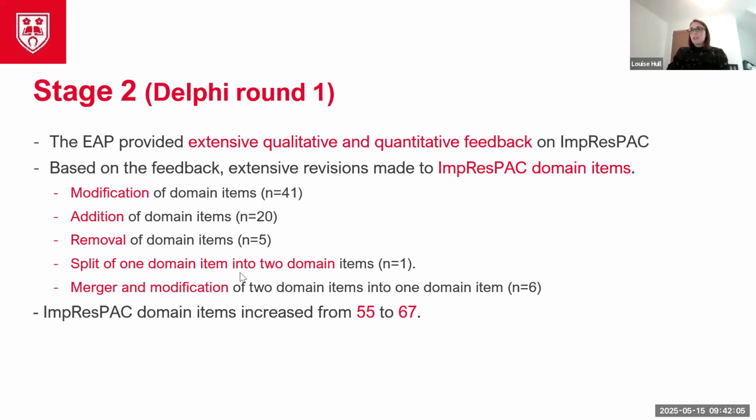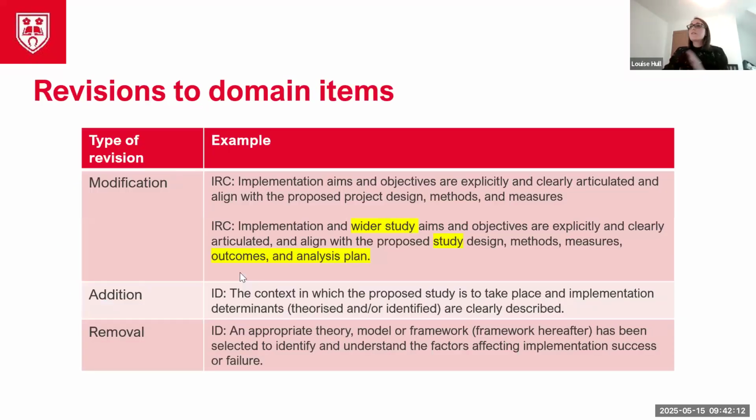And then at this stage, the number of domain items increased from 55 to 67 domain items. So this is just to give you a flavour of some of those revisions that we made. For an implementation research characteristics domain, this was the original one, and then I've just highlighted where we've actually made some of those revisions.